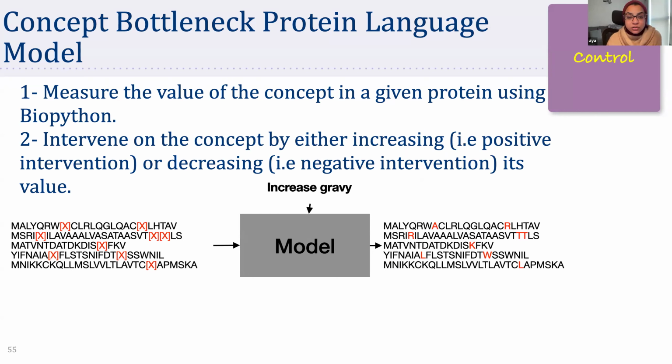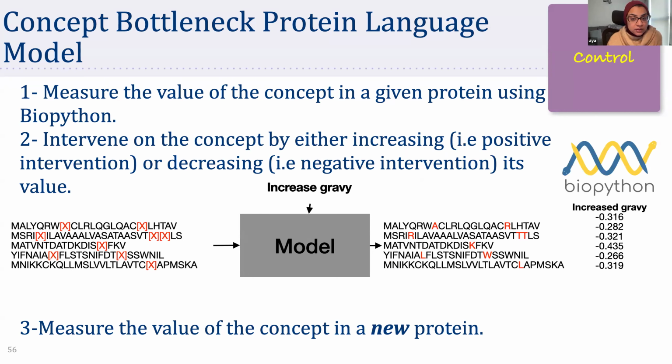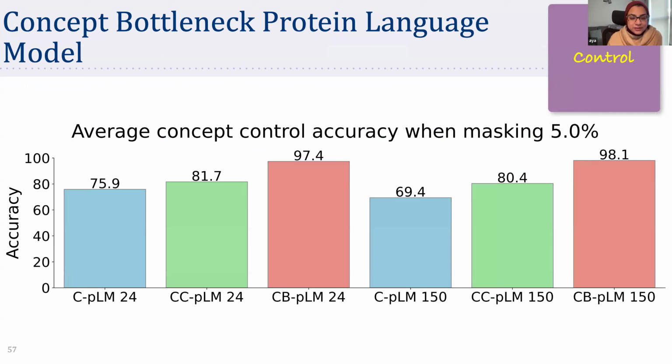Then the model is going to produce a new sequence. And then we're going to take this new sequence, pass it through BioPython again, and measure the value of this property.